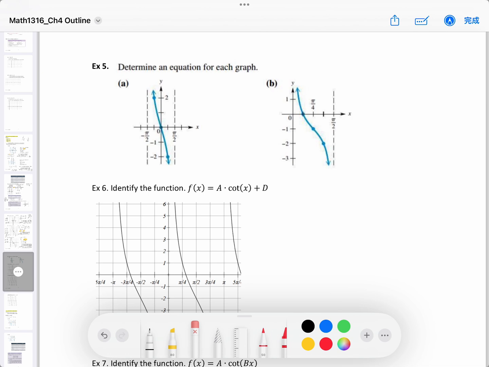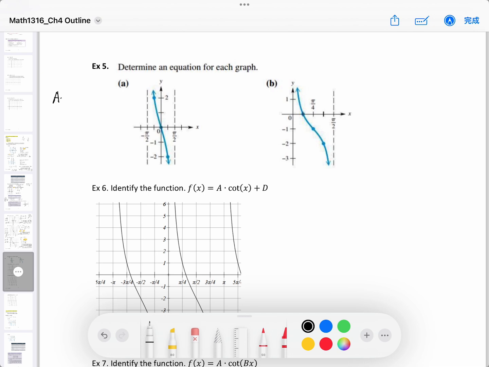So we say the tangent graph is bounded between -1/2 pi and 1/2 pi. That means we have the same period, which is 1 pi. And the middle point is 0, 0. That means no horizontal or vertical shifting. So I'm going to have a graph that looks like this.